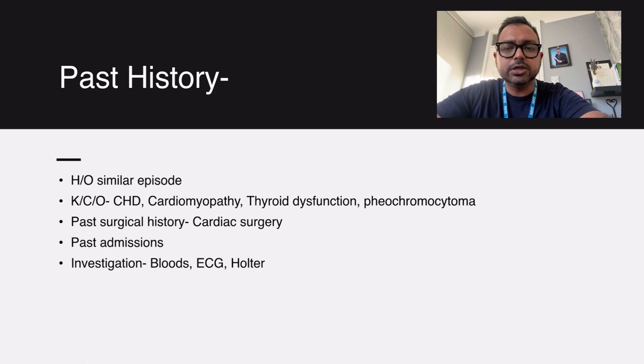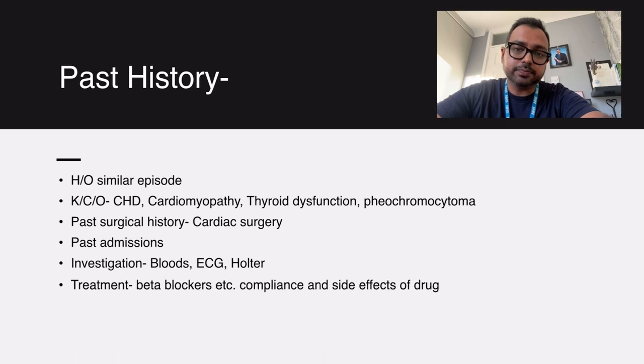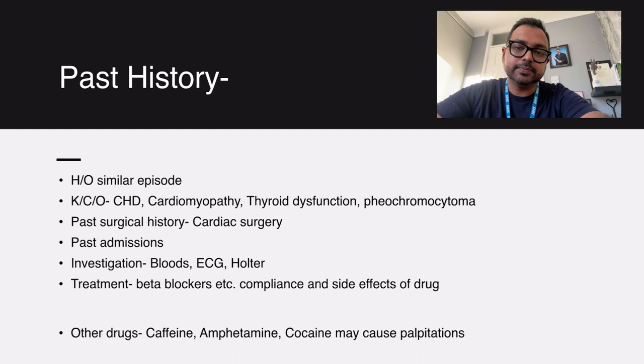What are the investigations done so far? Any blood tests like full blood count, urea and electrolytes, thyroid function test, or any ECG or Holter have been done or not. If the child is receiving any treatment like beta blocker, you need to ask about the compliance and side effects.